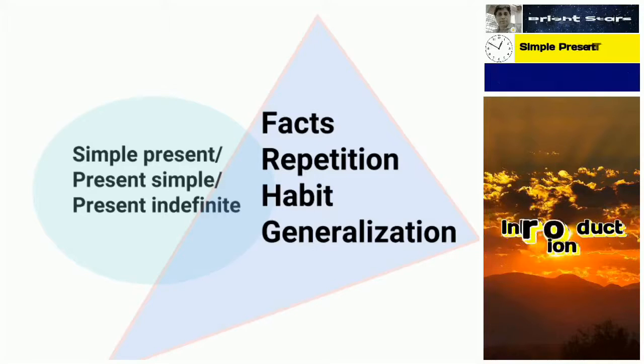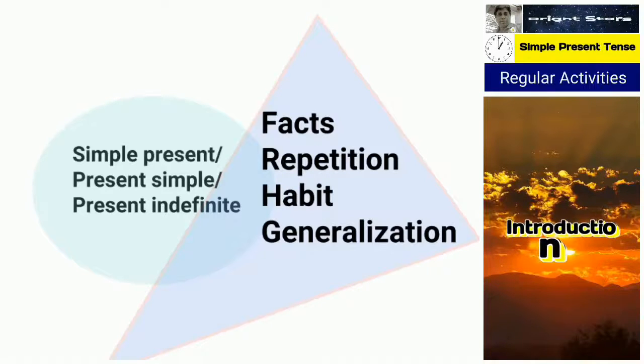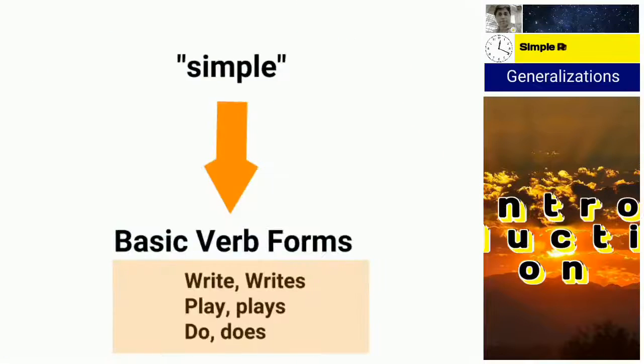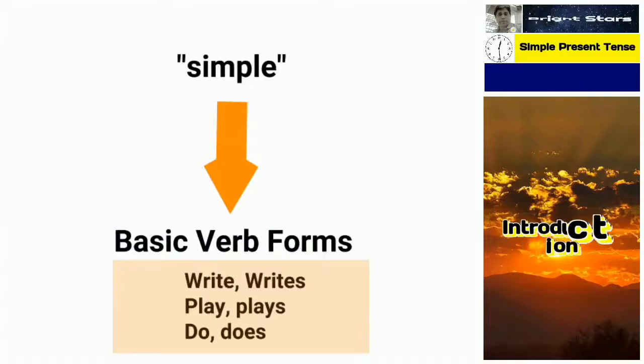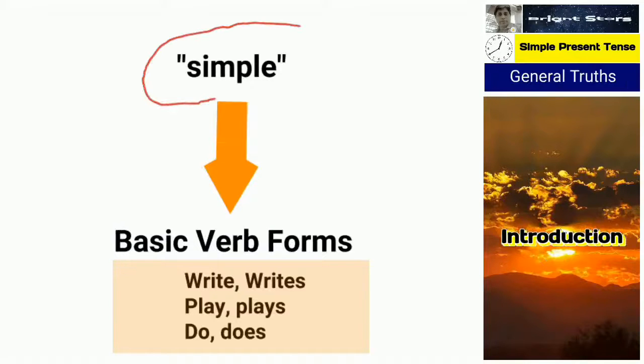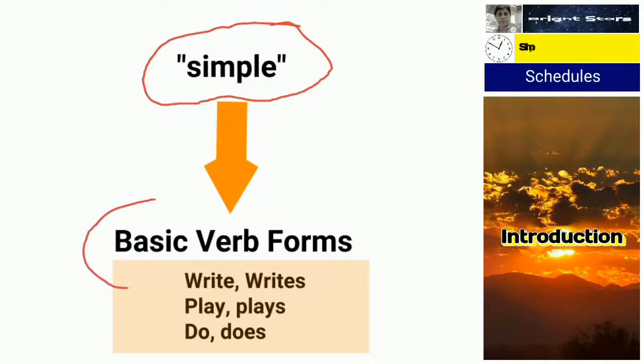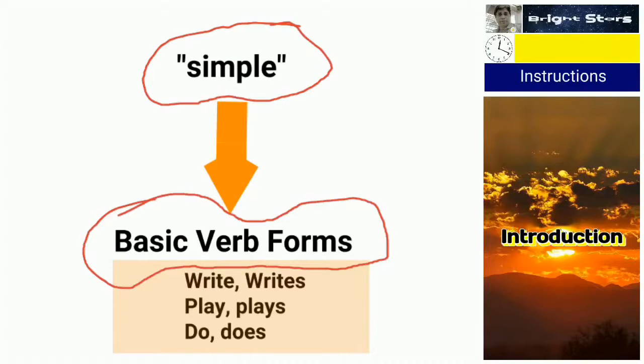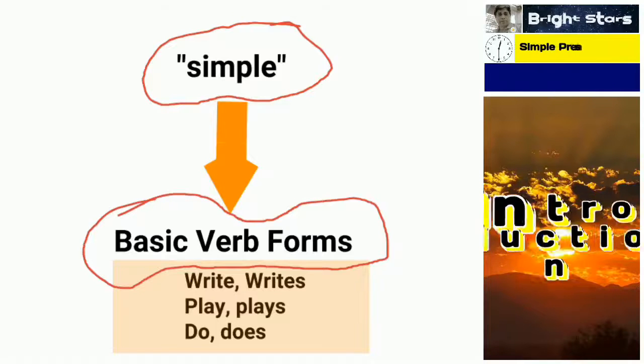The basic form of the tenses is the simple present tense. Here, simple means the basic verb form. The simplest form of the verb is used here. That's why we call it simple present tense.